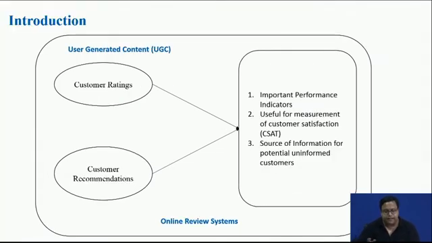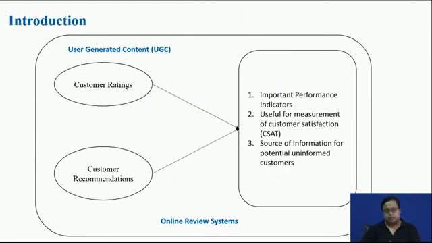So, consumer ratings are quantitative, consumer recommendations are also quantitative, and these are the two pieces of information which we actually play with, and they are important because they are important performance indicators. They are useful for measurement of customer satisfaction, and they are a source of information for potential uninformed customers.